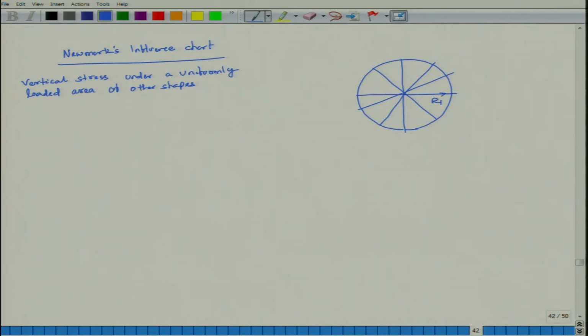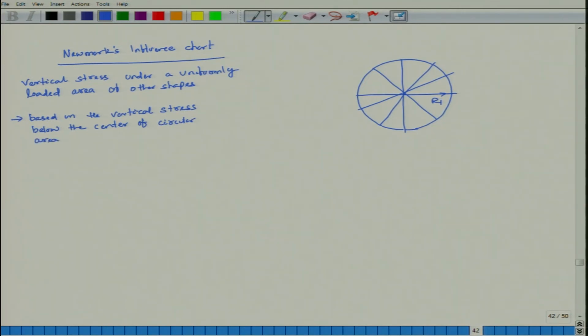The concept is based on the vertical stress below the center of circular area.